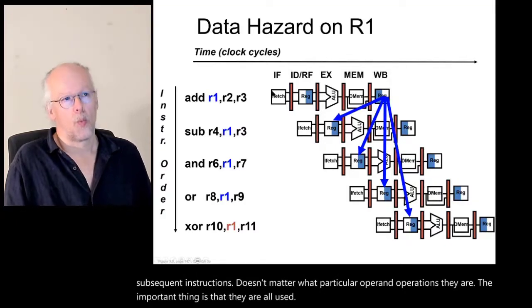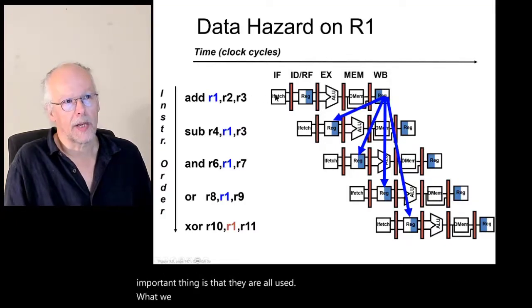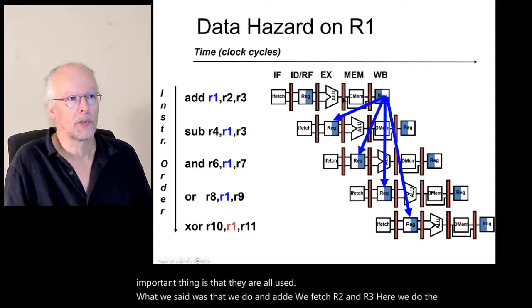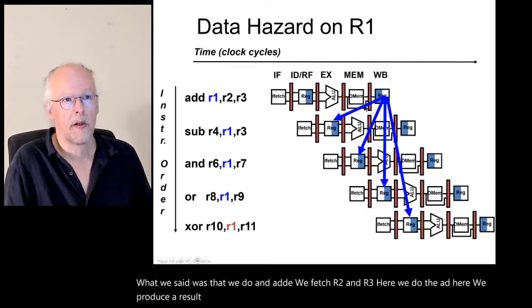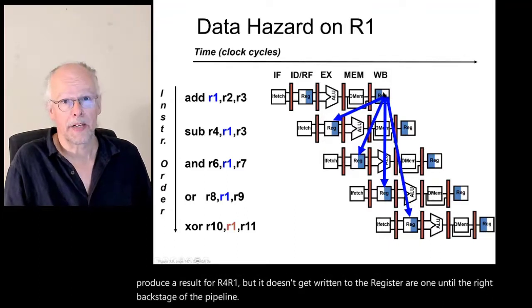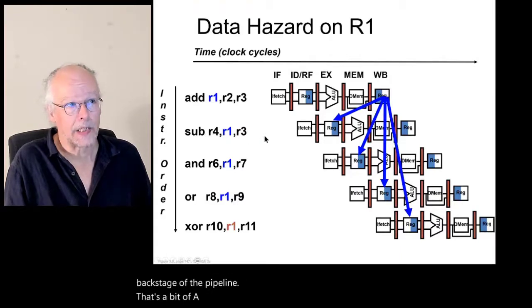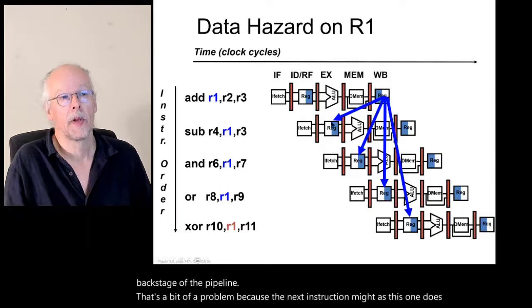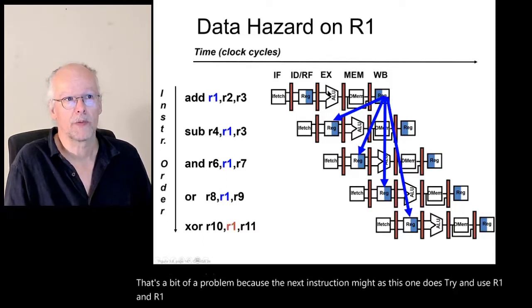So what we said was that we do an add, we fetch R2 and R3 here, we do the add here, we produce a result for R1, but it doesn't get written to the register R1 until the write back stage of the pipeline. And that's a bit of a problem because the next instruction might, as this one does, try and use R1. And R1 has not yet been written to the register file.